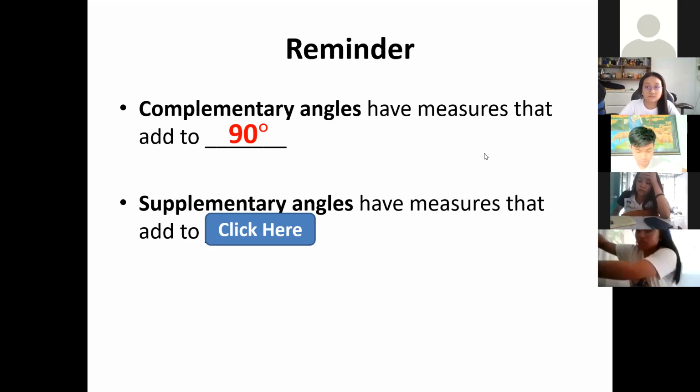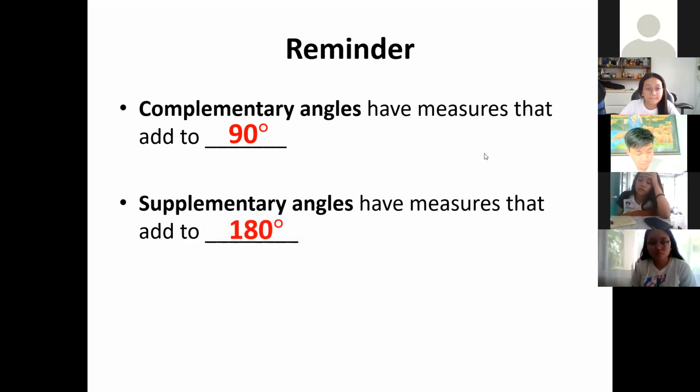However, when you talk about supplementary angles, they are angles that sum up to 180 degrees. Again, these are angles that sum up to 180 degrees. For example, the question is asked in this way, what is the supplement of 60 degrees?